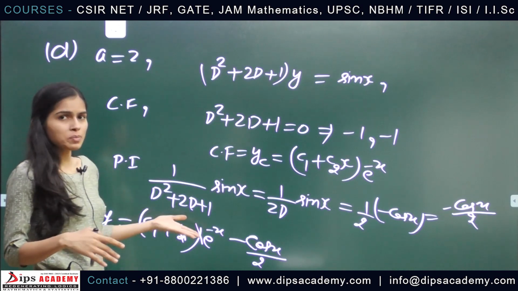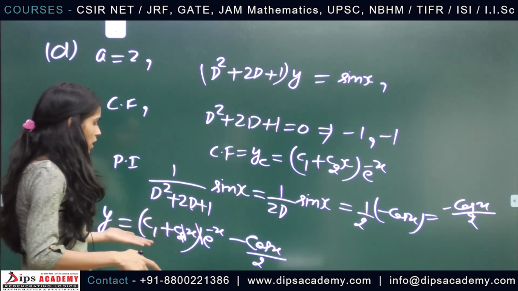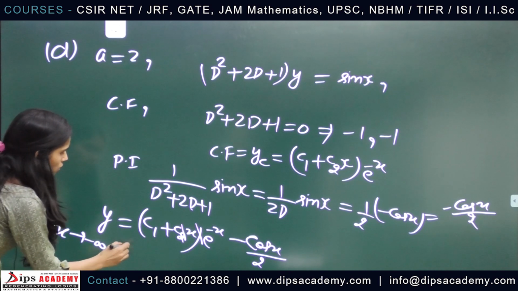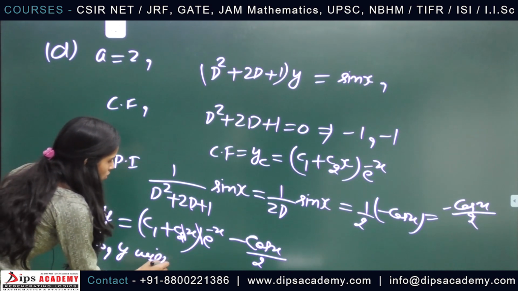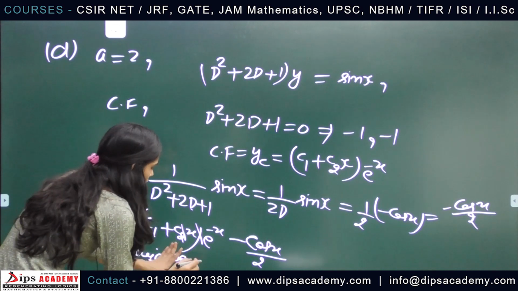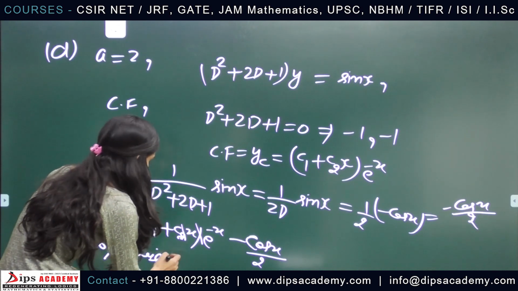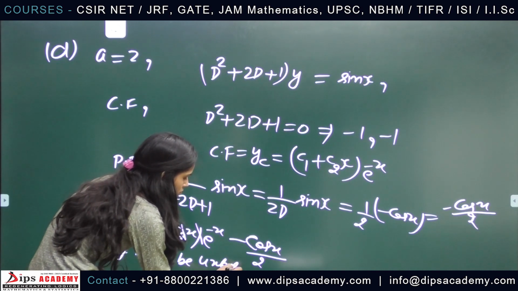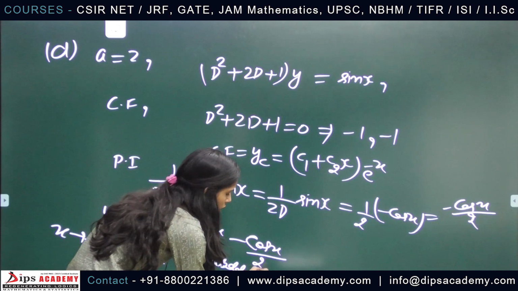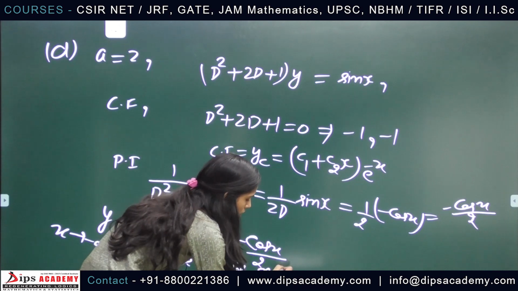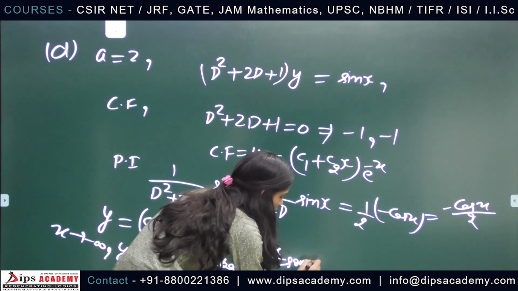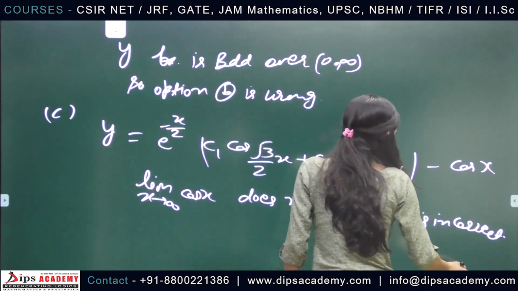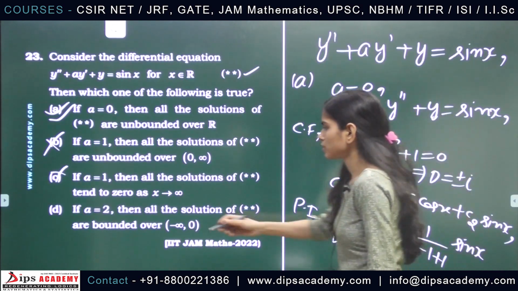But in some cases c1 and c2 will not be 0, and in that case, when x tends to minus infinity, y will be unbounded. So from this, we can say the option is incorrect.